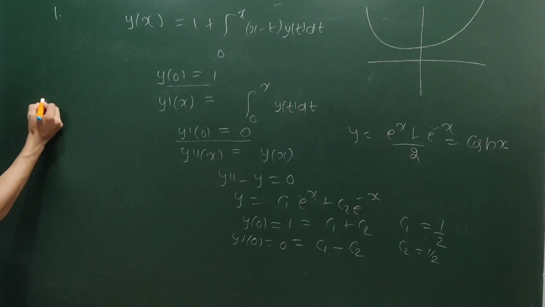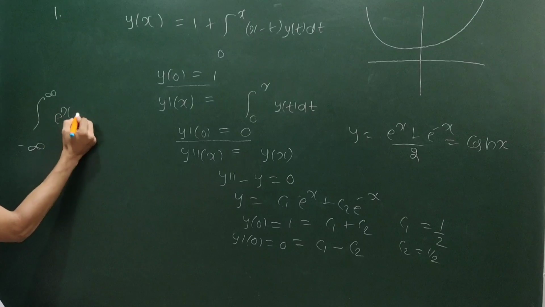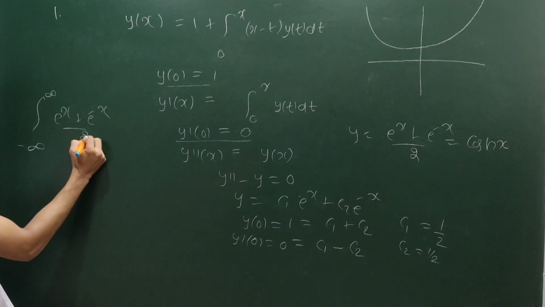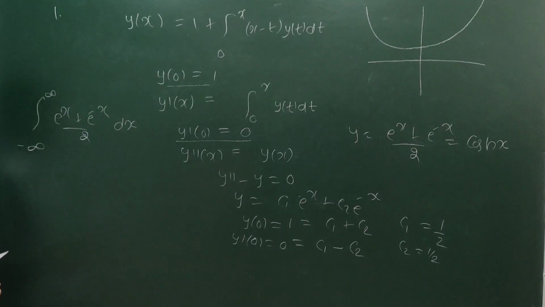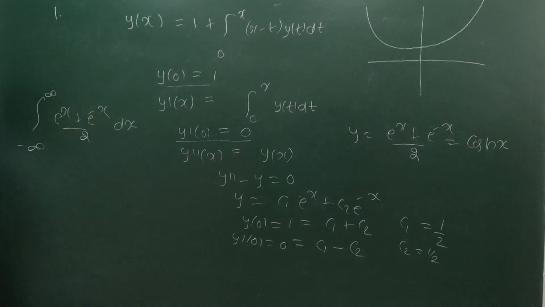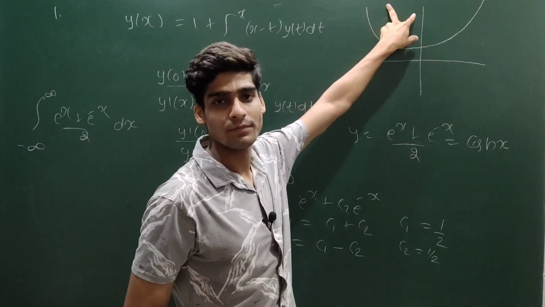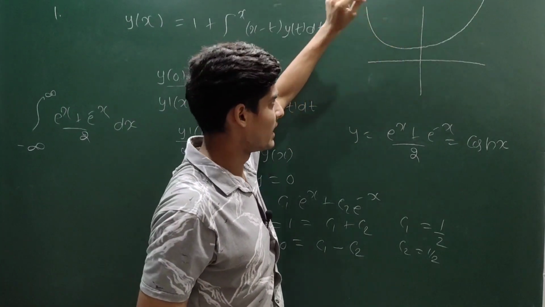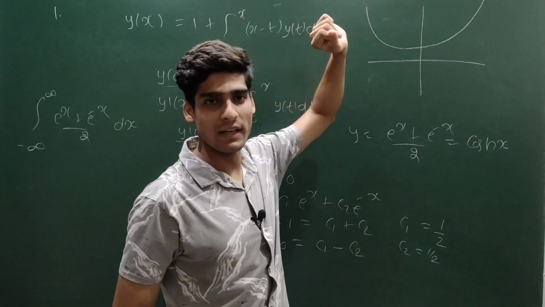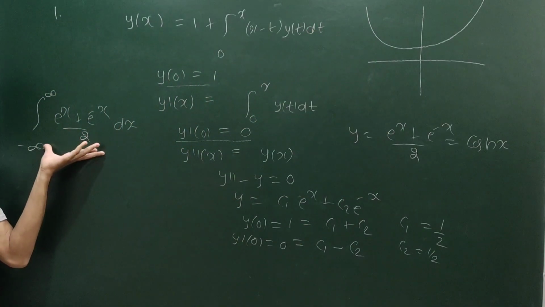If you see this integral from minus infinity to infinity of (e power x plus e power minus x) by 2 dx, you can easily verify this integral is not a finite value, so it is not convergent. If you take the area covered by this graph, it will not be finite. So this integral is divergent.